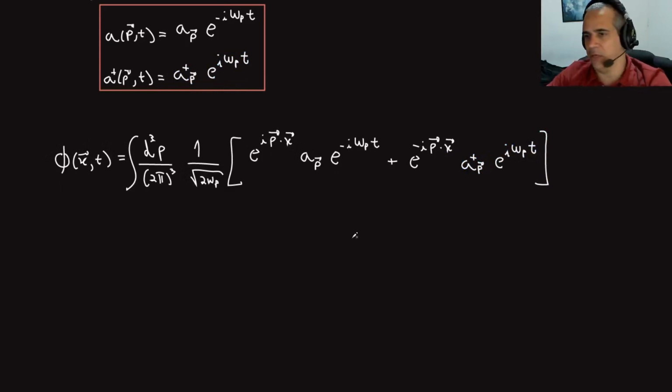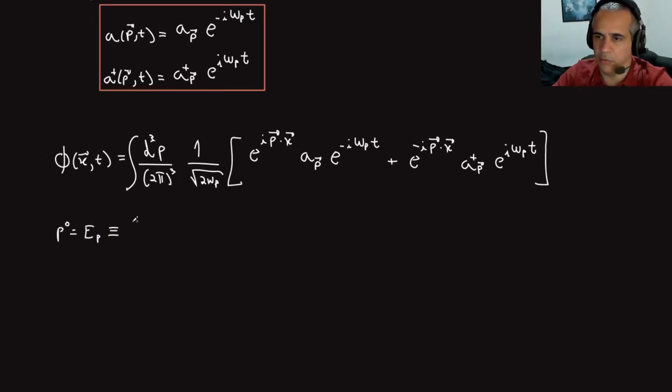And now I can put these exponentials together, with the provision that the zero component of the momentum vector, or I mean the energy, I'll call this E p, is equal to omega p, which is kind of fine because omega p is the square root of p squared plus m squared.